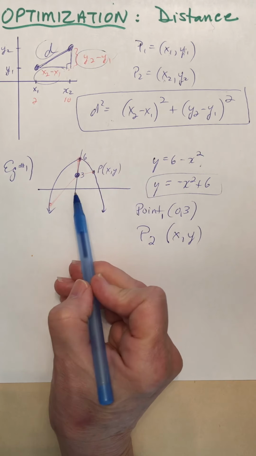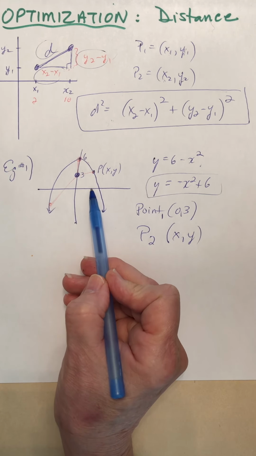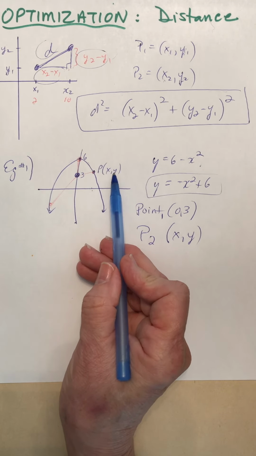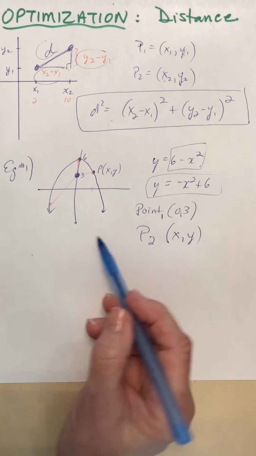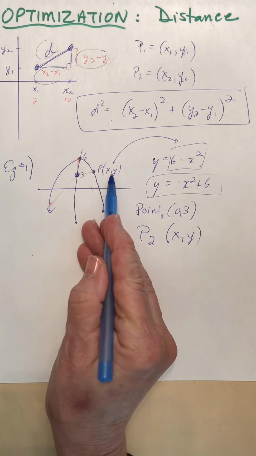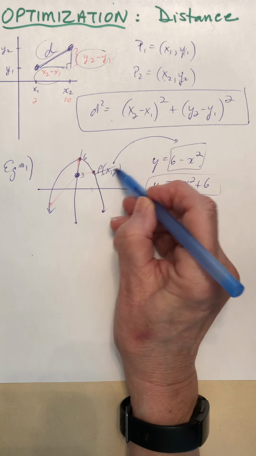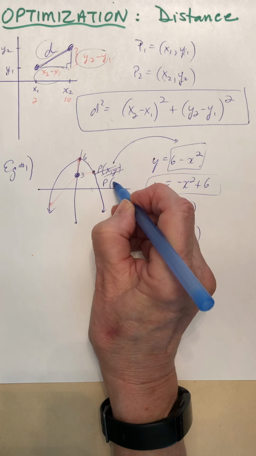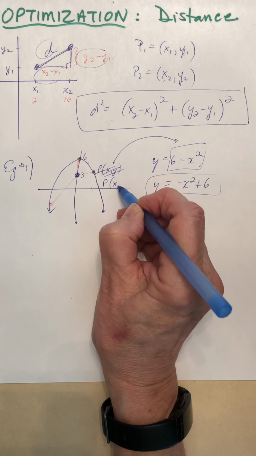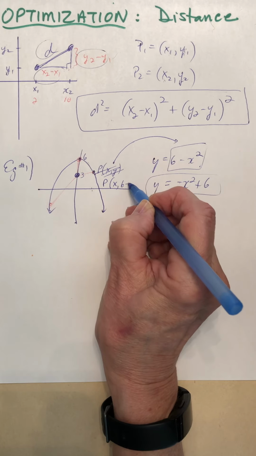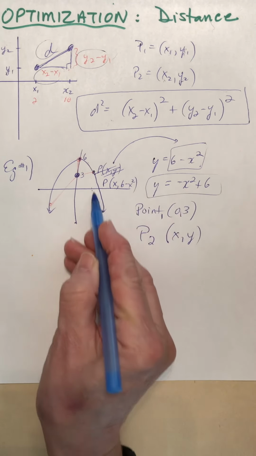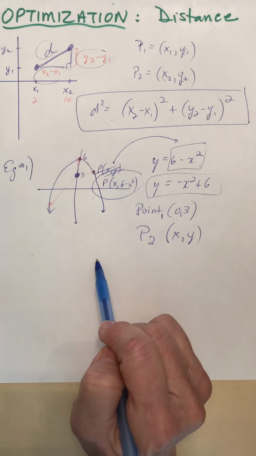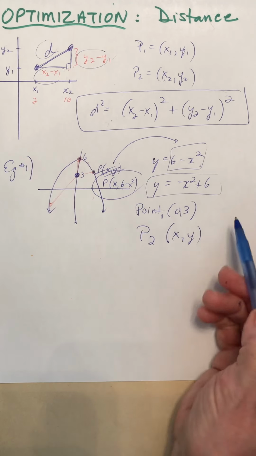All I know is it's at some, right now, undetermined x value, but it has a definite height. Y has been defined for you. They've told you y is that value right there. So what would be smarter than saying that point is just called P(x, y) would be saying that point is P with an x, and the y value, since that point is on this parabola, is given by 6 minus x squared. So now I have everything I need.